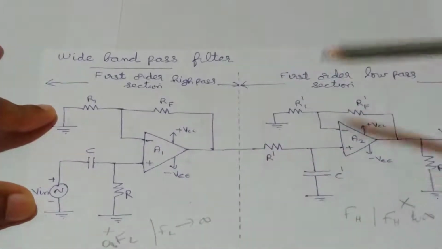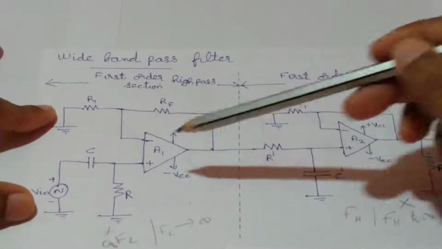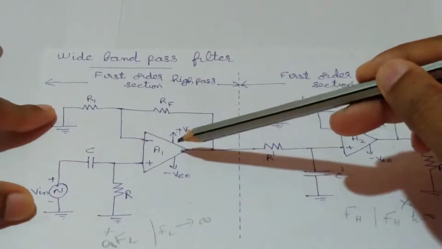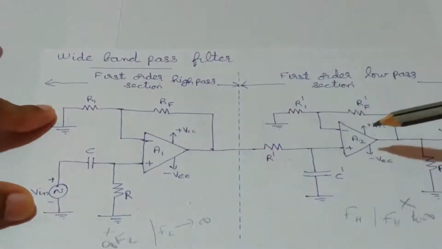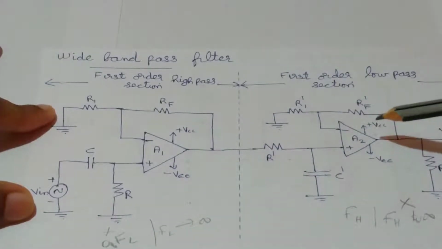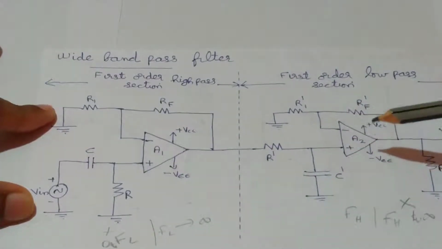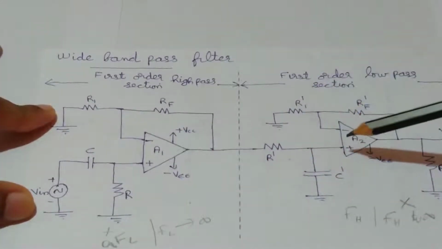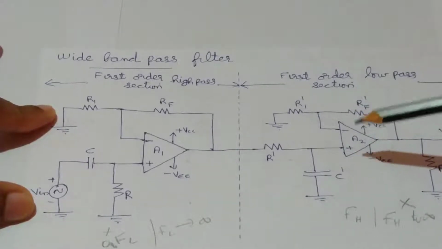The important thing we need to consider is that this first order high pass filter should be designed for the AF1 gain, and this first order low pass filter should be designed for the AF2 gain. And AF1 into AF2 should be equal to the total passband gain AFT.